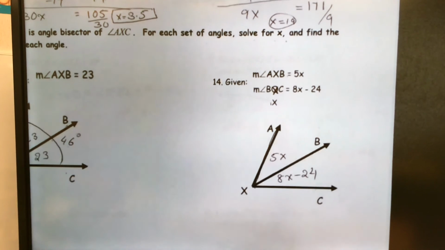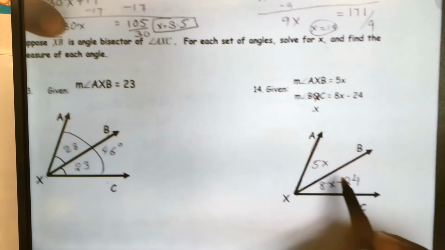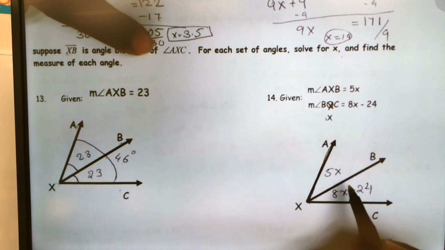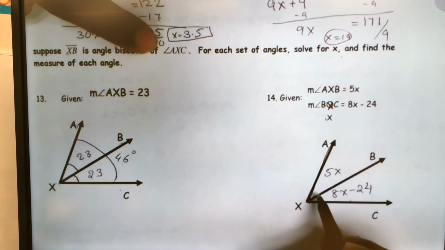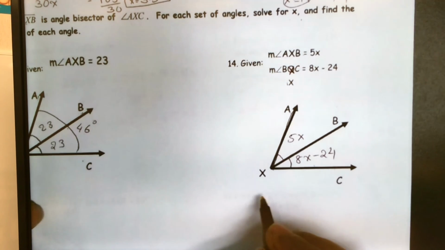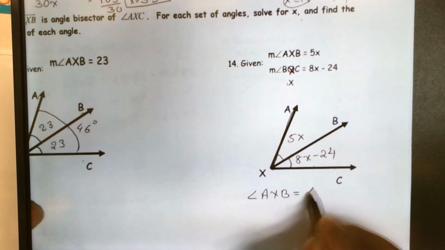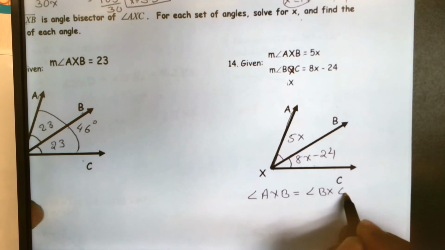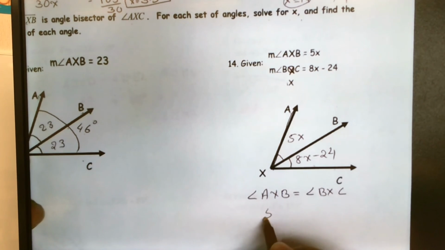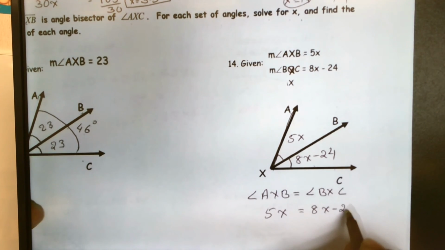The question says that BX is an angle bisector of AXC. That means these two angles are congruent, so they are equal to each other. So I can write angle AXB is equal to angle BXC. So I could write 5x is equal to 8x minus 24.